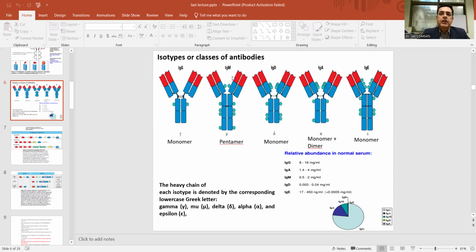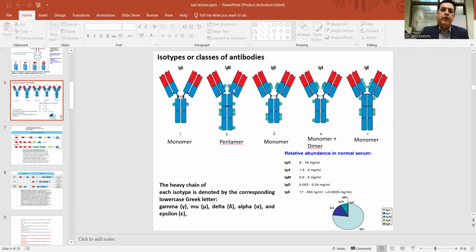Later on, if the person is infected initially and the adaptive immune response is invoked, the B cell would majorly produce IgM because this is the B cell receptor found there, or it can also produce IgD.